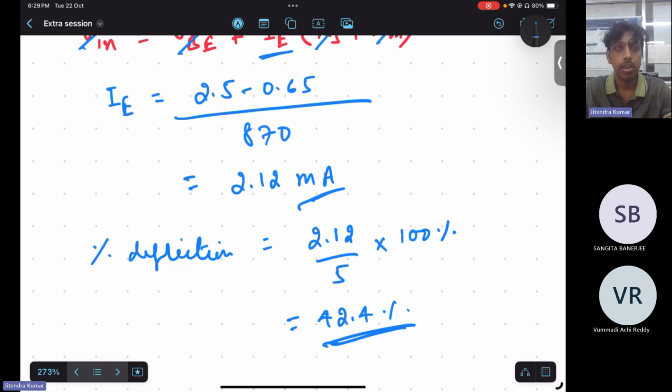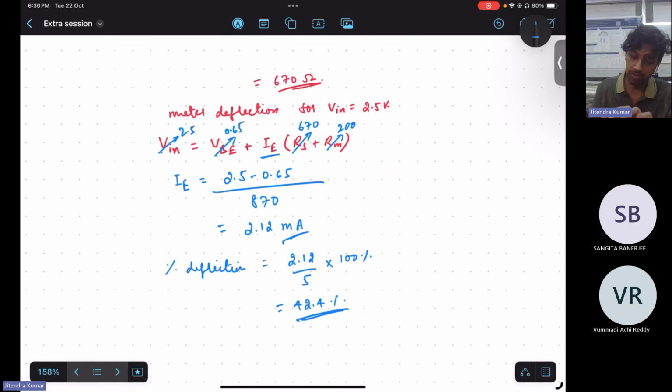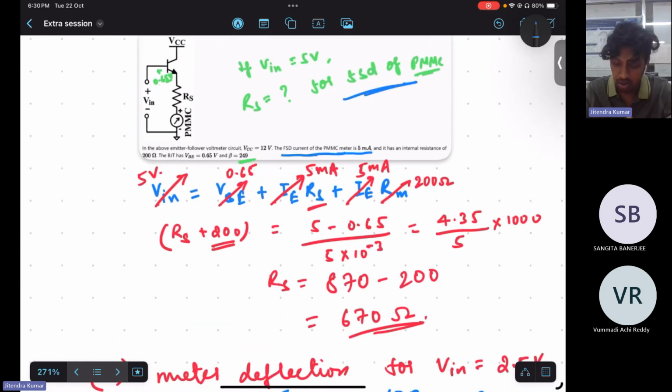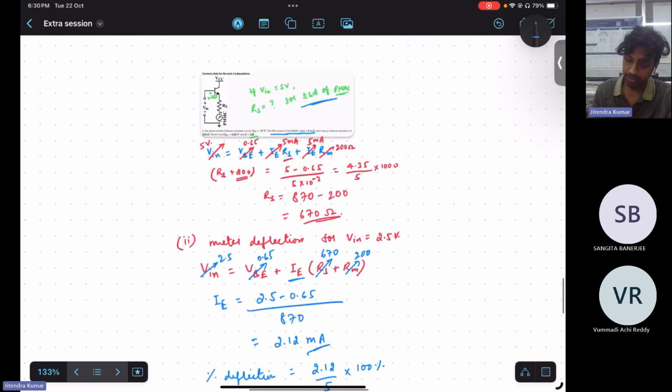right? So that is why the circuit is emitter follower voltmeter circuit. If you change your supply voltage there, which is connected from base to emitter, then your current will also change, right?